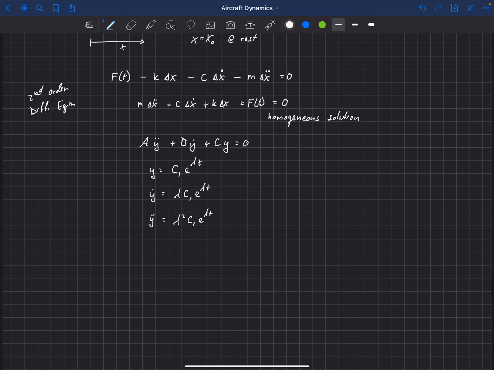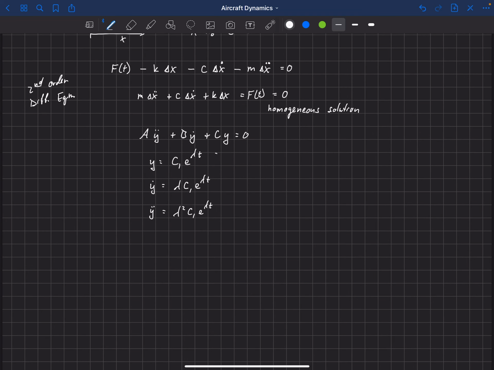When we plug these into this second order differential equation, we get a times lambda squared c1 e to the lambda t plus b times lambda c1 e to the lambda t plus c times c1 e to the lambda t equals 0.